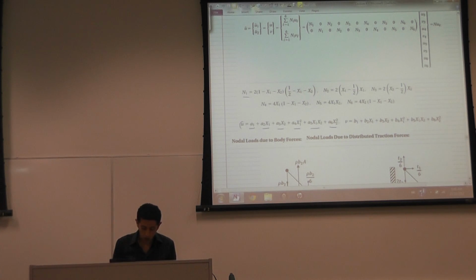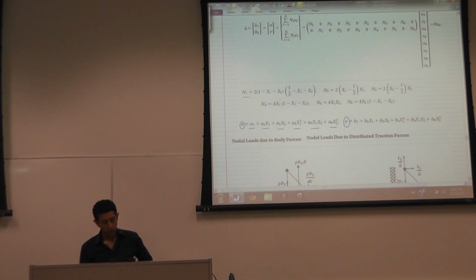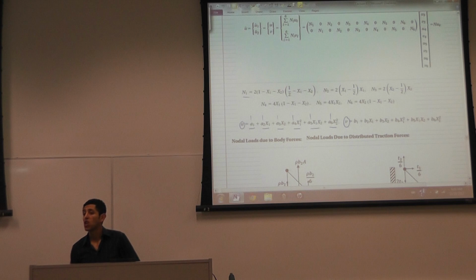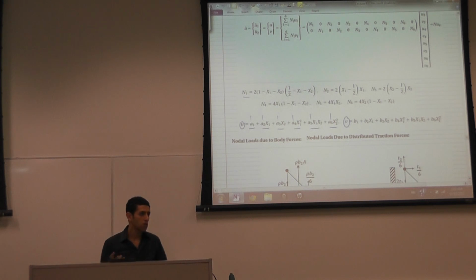So this is the horizontal displacement across the element. The vertical displacement across the element is this same function but with different constants. These constants a1, a2, a3, a4, a5, a6 are the generalized degrees of freedom. These are the degrees of freedom of the element. If you give me those numbers, I can tell you the displacement and the strain and everything inside that element.